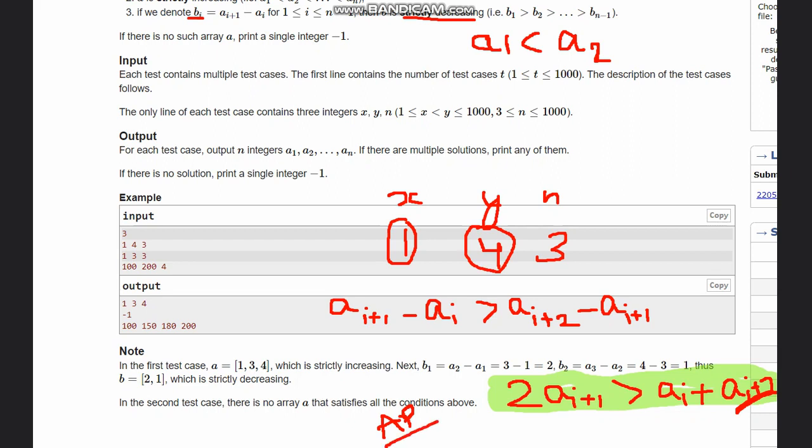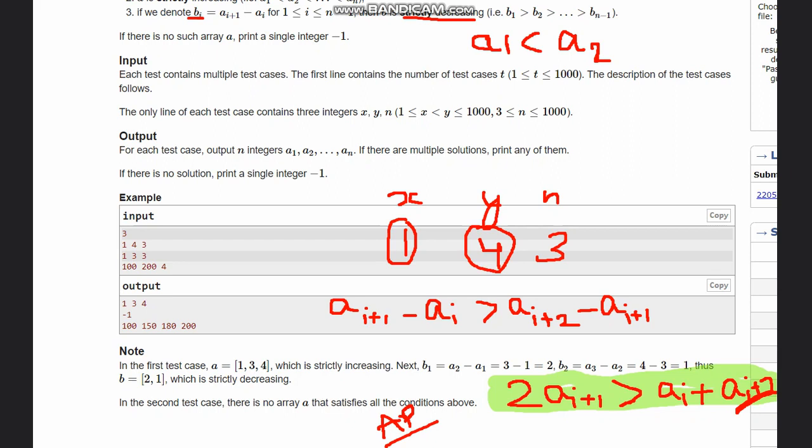Now this forms an AP, but the difference is that in an AP it is an equal sign, and in this condition it is a greater than sign, which means our difference must be greater than the difference of the AP.